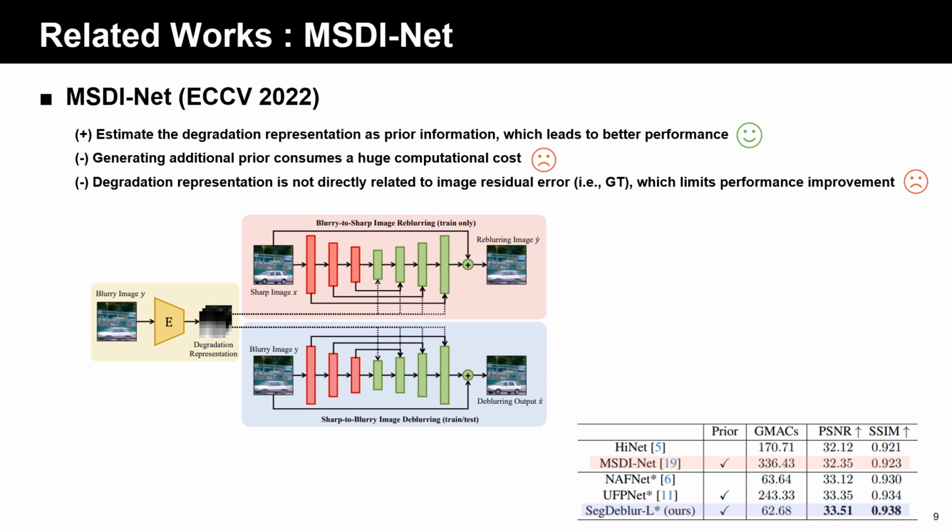However, generating the degradation representation and integrating this into the deblurring procedure is computationally expensive, as indicated in the table. Also, the prior information of this method, like a degradation representation, is not directly related to GT, namely image residual error, which limits performance improvement as shown in the table.